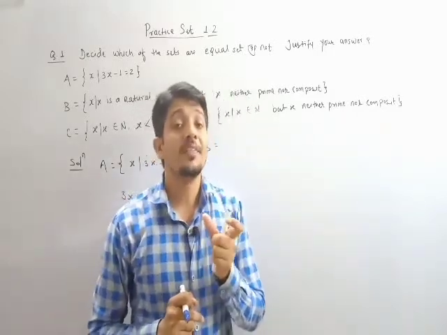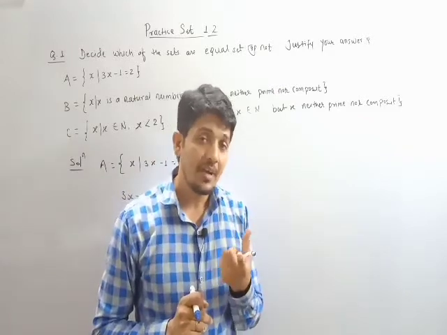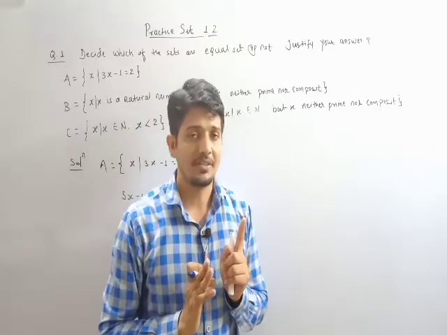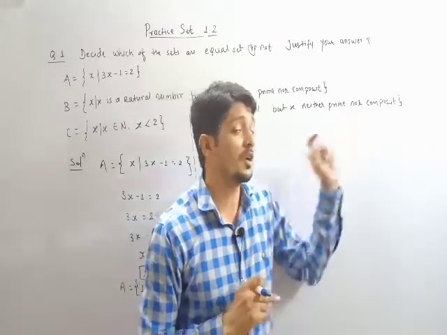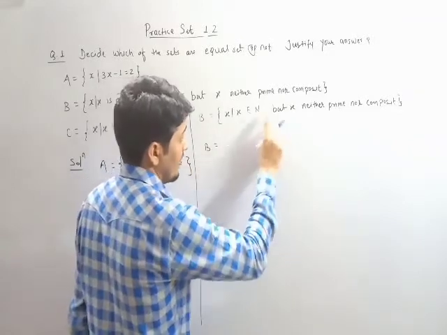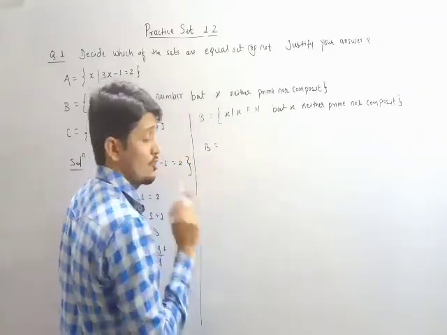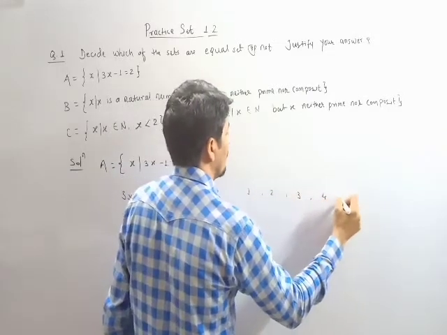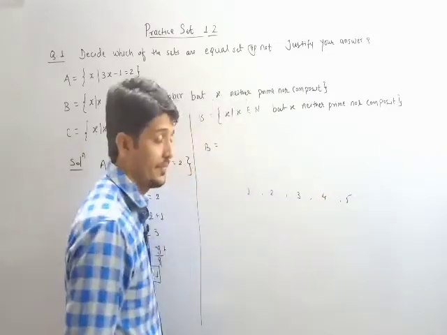Those numbers which are divisible by themselves and one, as well as they have one more factor, such numbers are called as composite number. So we have to write the first few natural numbers, that is 1, 2, 3, 4, 5, etc.